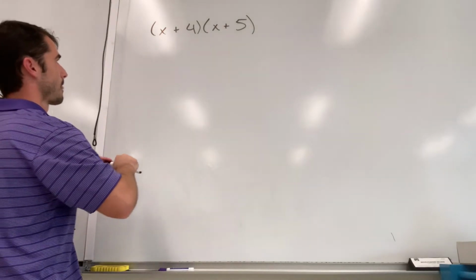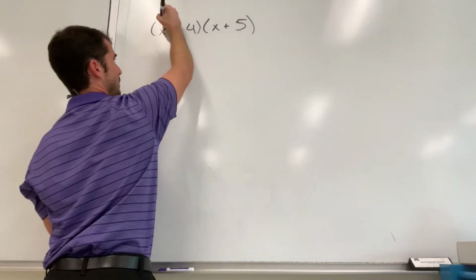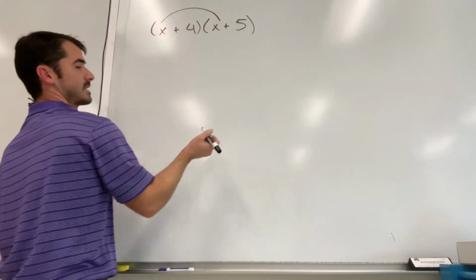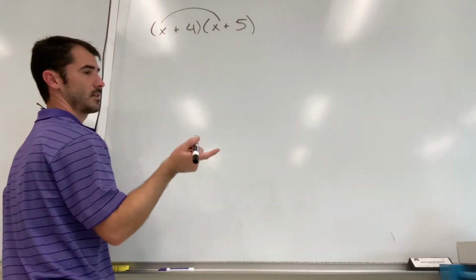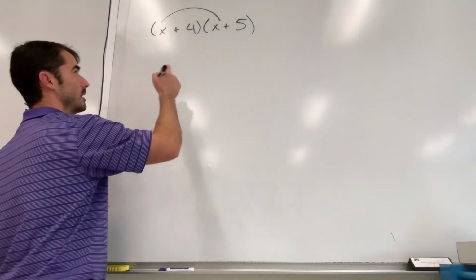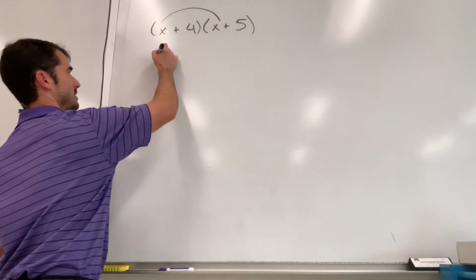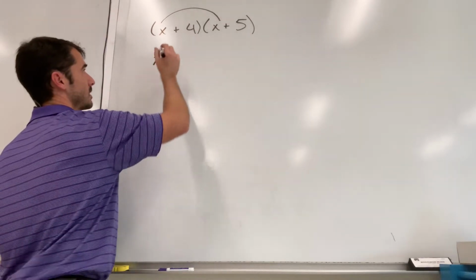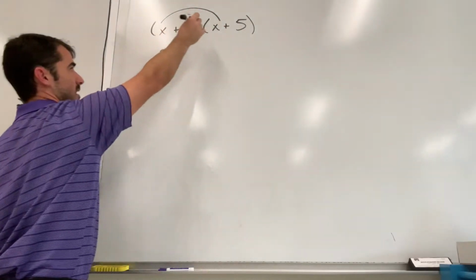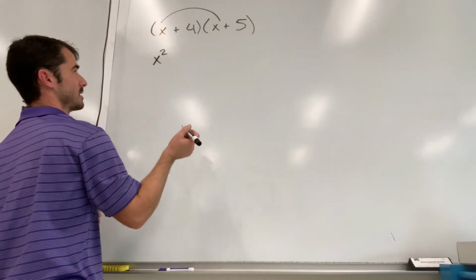I'm going to draw my arrows so it helps me remember. So I'm going to multiply x times x. That's x times x, and you already know that multiplying any number times itself is another way of saying x squared. Or you can remember back earlier, we had exponents of 1. That just means when you're multiplying them, you add the exponents.